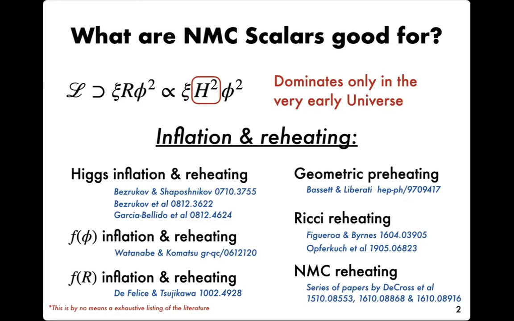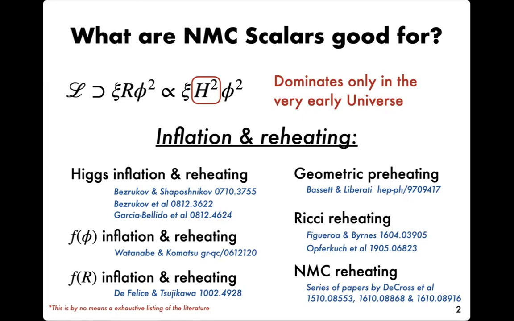And doing this can allow you to start to realize ideas such as using the Higgs to do inflation and reheating. Of course, there are still some difficulties in this arena, but it's a very economical idea, taking the Higgs and essentially trying to do everything with it.